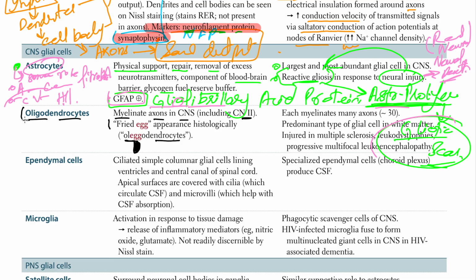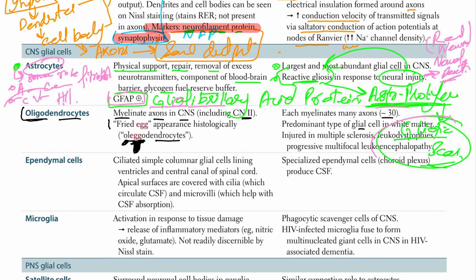Instead of calling it oligo, call it olego. Fried egg appearance of those oligodendrocytes. Okay. So each myelinates about 30 axons.